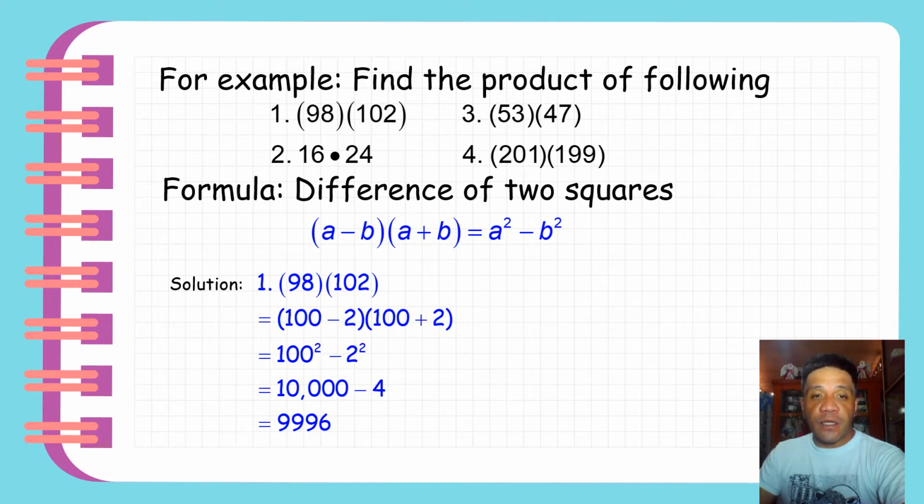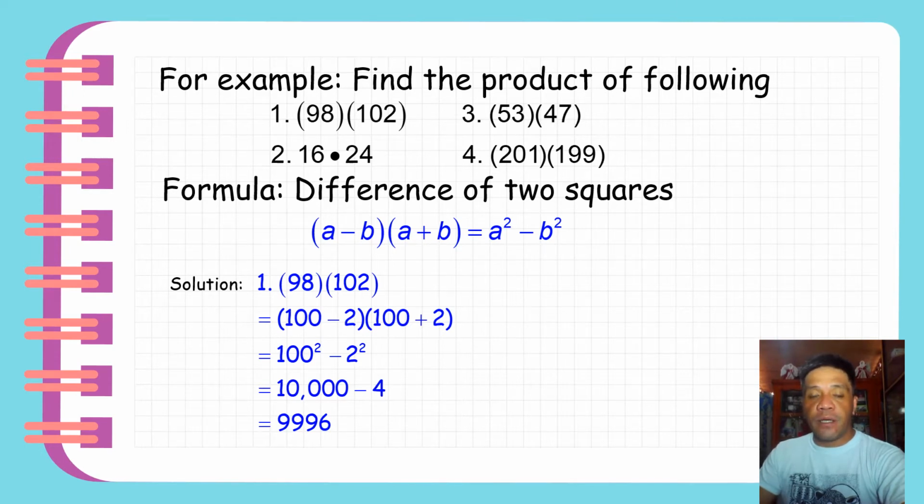So we come up with 100 minus 2 multiplied by 100 plus 2. Take note that the first term of the first factor and the first term of the second factor are the same, as with the second term of both factors, but the operation is minus or plus.